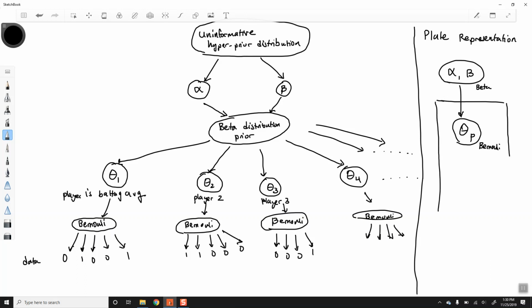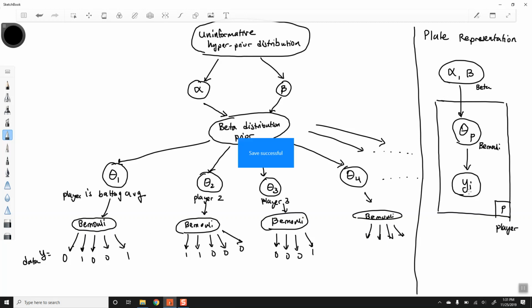We have a different theta p for each player. And from the Bernoulli, we generate our data y sub i. So this would be a plate representation, which is basically a simplified version representing this.